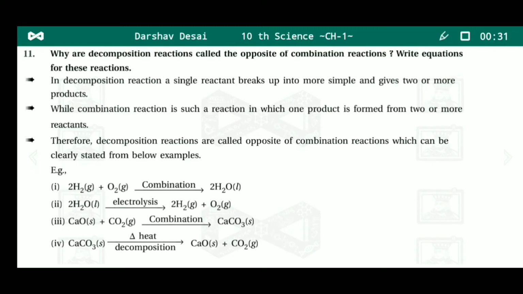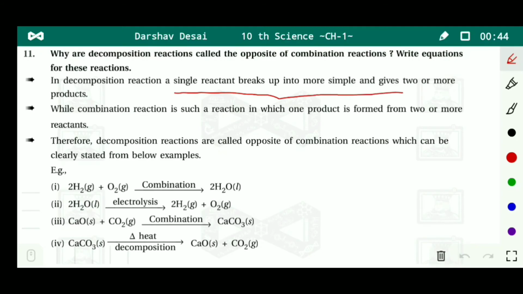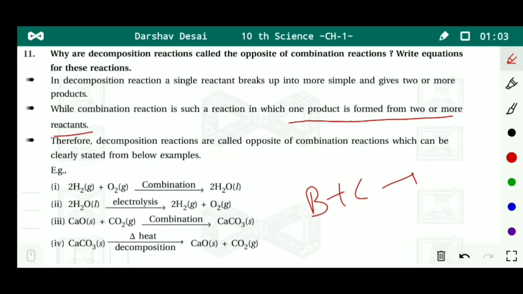That is the clear definition: A gives B plus C. Combination means one product is formed from two or more reactants. They are opposite reactions. Combination means B plus C gives A, and decomposition means A gives B plus C.